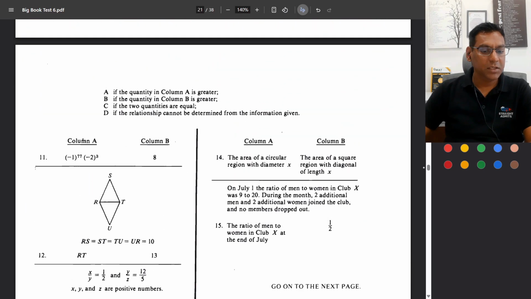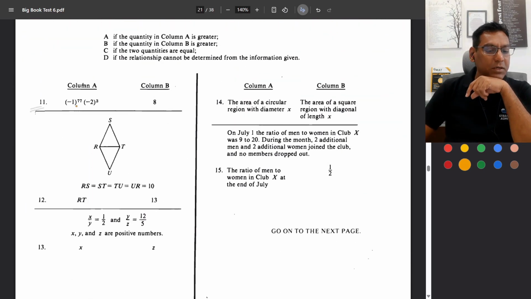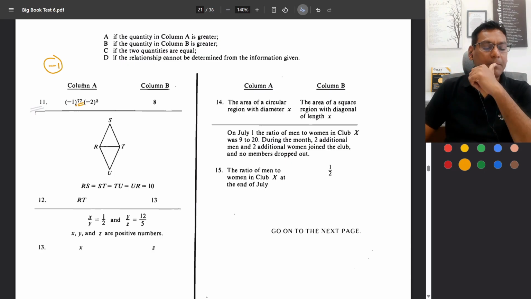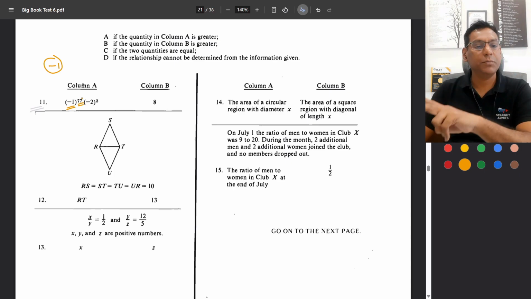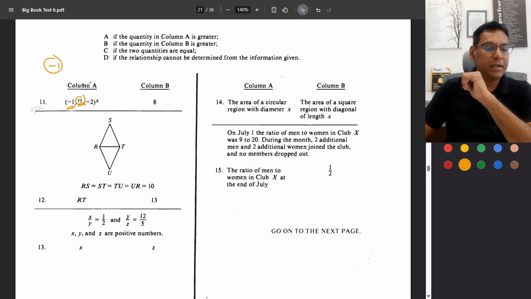Let's look at question 11. Minus 1 raised to 77 is going to be minus 1. How do I know? Because the magnitude stays 1 and the sign alternates. For negative 1, odd powers are negative and even powers are positive. Here you have an odd power, so I get negative 1.